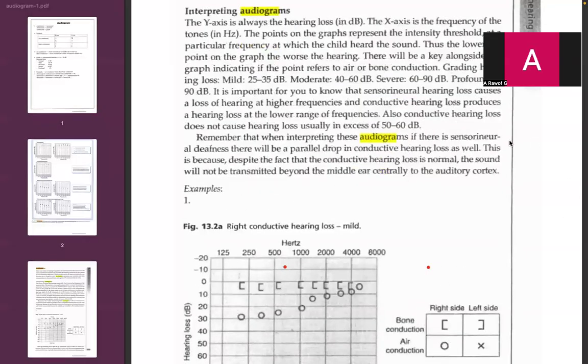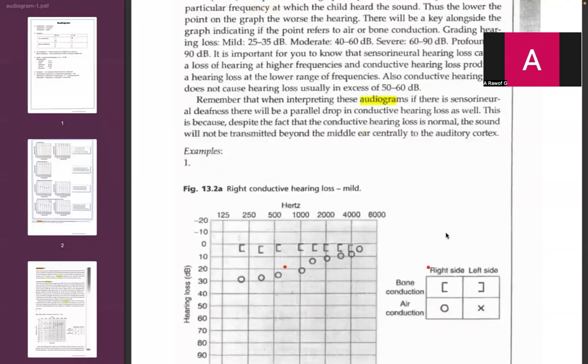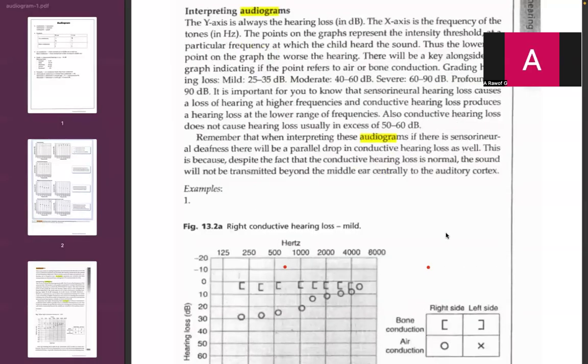Also, conductive hearing loss does not usually cause hearing loss in excess of 50 to 60 decibels.